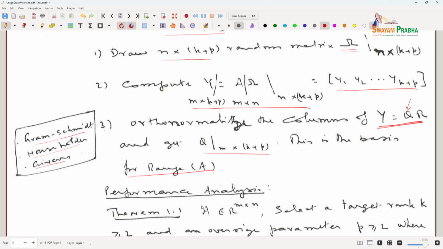I have now a formal method for being able to capture a large fraction of the action of A in the range by capturing the subspace of dimension k plus p, where k is the desired rank and p is the oversampling parameter. The oversampling parameter is meant to capture the information that leaked outside the subspace of dimension k.